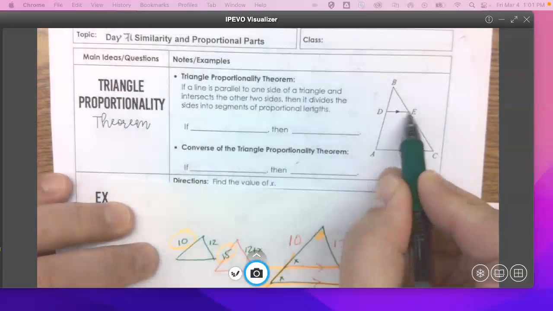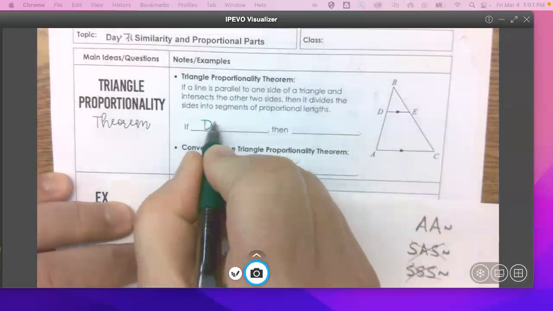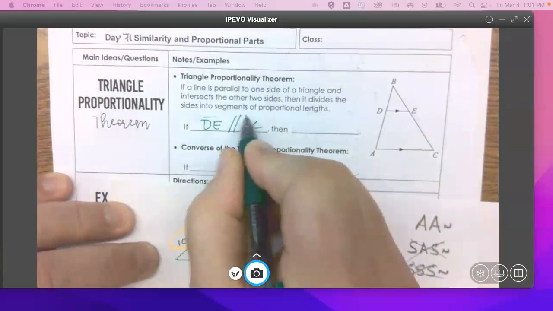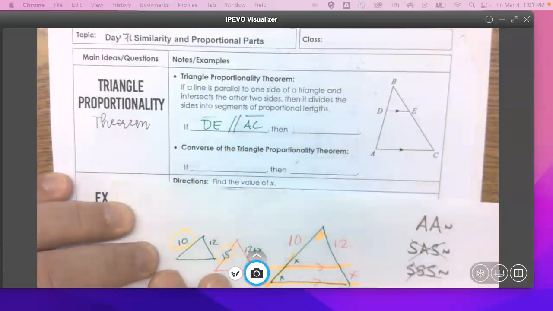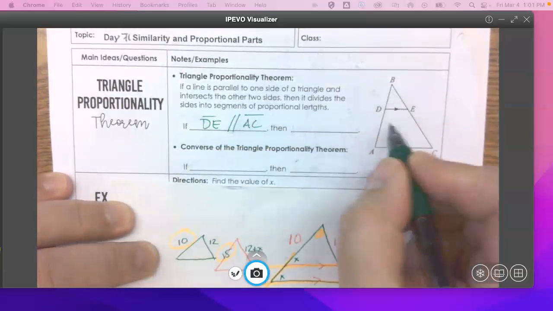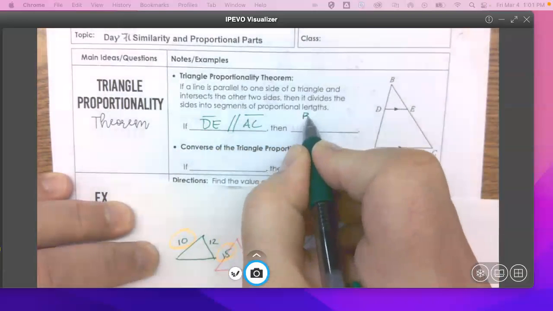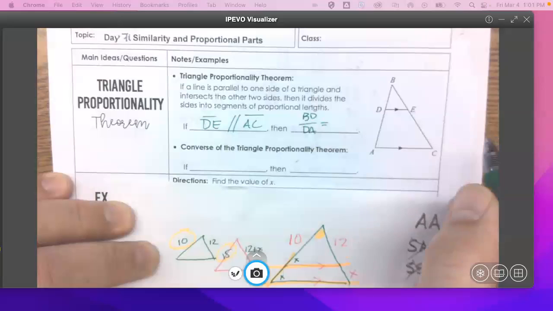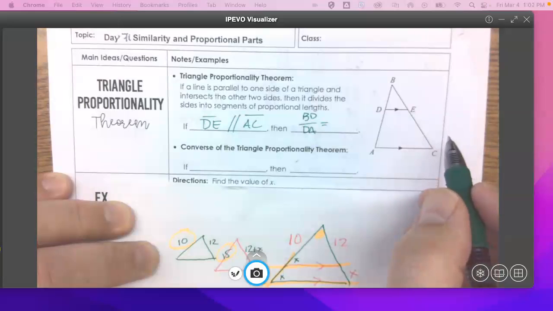It says that if these two lines are parallel, if DE is parallel to AC, then we know that the ratio of the sides split, the BD over DA, will equal what?